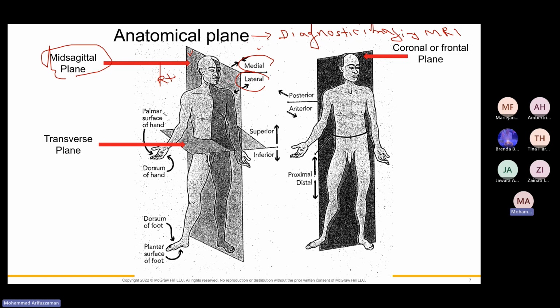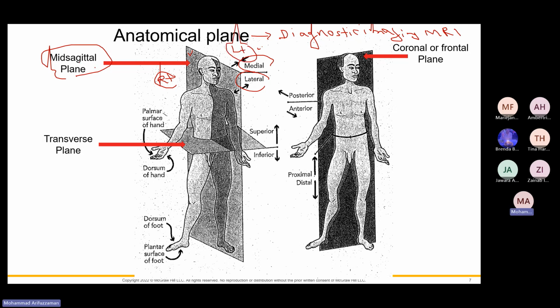The sagittal plane divides the body into right and left halves. You can see the right half and the left half of the body. So that is sagittal or midsagittal.